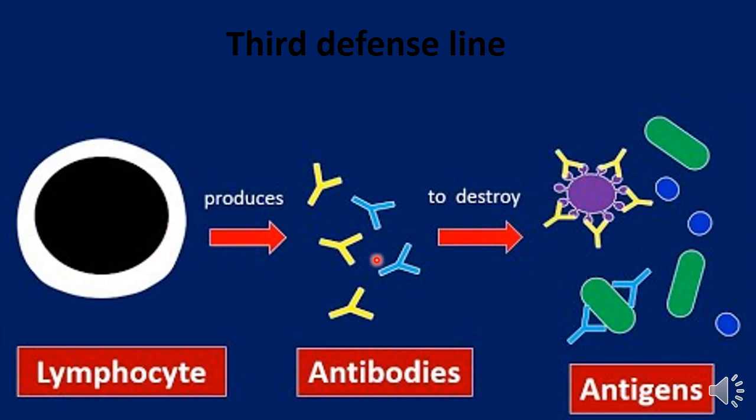So who produces the antibodies? Which cells produces the antibodies? The lymphocytes, and precisely the B lymphocytes. What do these antibodies do? They actually just bind to the antigen and catch the antigens of the viruses and bacteria and prevent them from moving anymore. That's it.